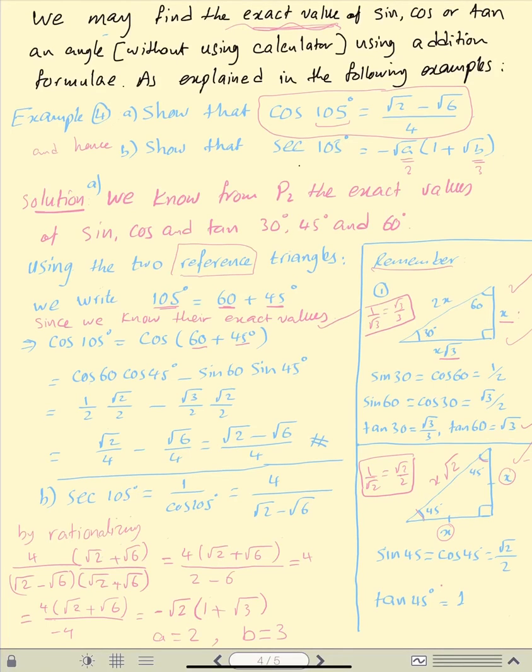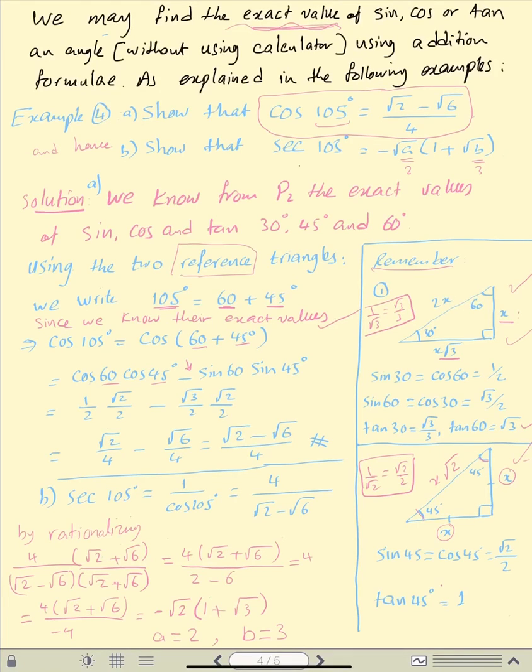We learned today the new formula: cosine of the sum of two angles is cosine the first times cosine the second, minus sine the first times sine the second. We just substitute the values from these triangles.